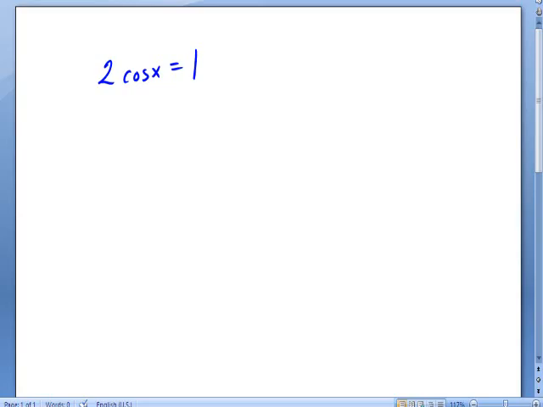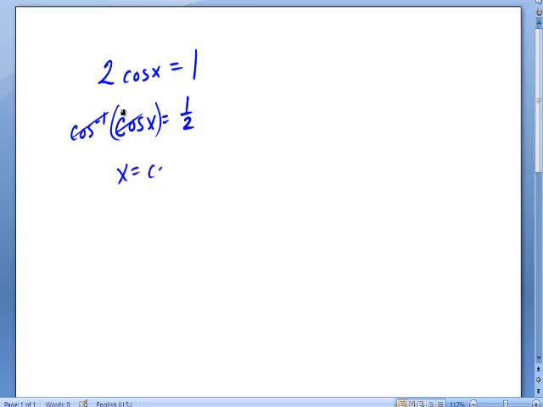Alright, to solve this problem, we would want to proceed just like we normally do in algebra. We want to isolate the variable x, and the way that we'll be able to do that is by dividing, first of all, by 2 on both sides to get the cosine of x equals 1/2. And at this point, we're looking for a function to undo the cosine, which is, of course, the inverse cosine.